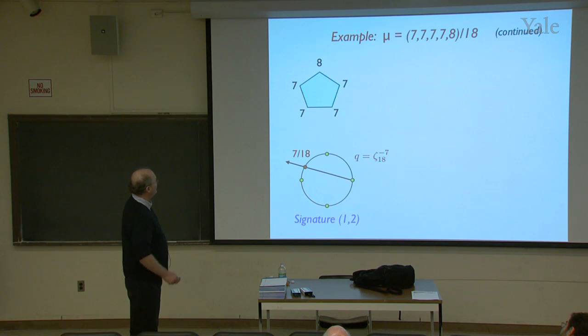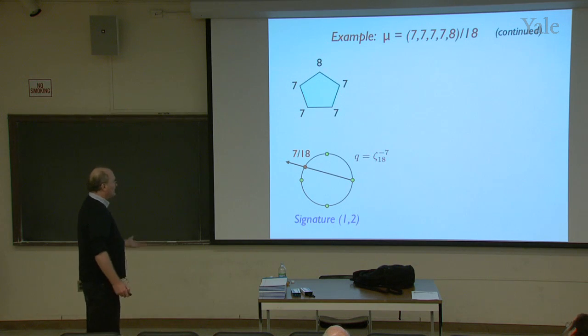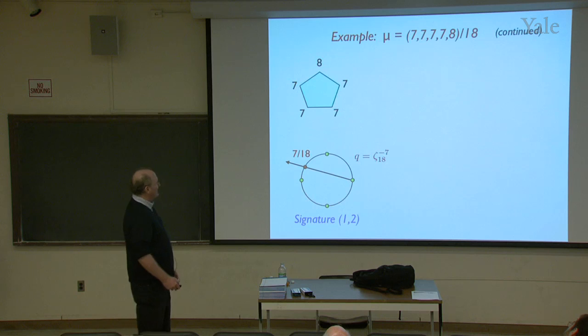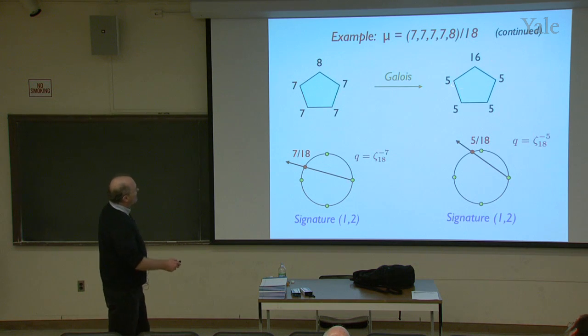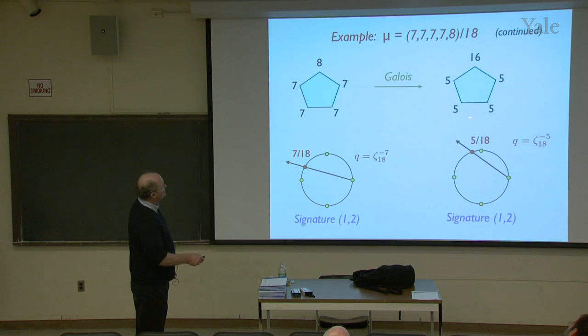This is a primitive 18th root of unity. Suppose we were to change this from zeta to the -7 to zeta to the -5. That would correspond to the moduli space for a new set of weights on these points. And the signature of the corresponding moduli space would still be 1, 2, because of this mnemonic I just discussed. There's still 1 point above and 2 points below.